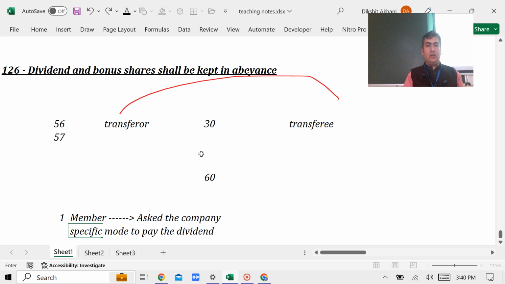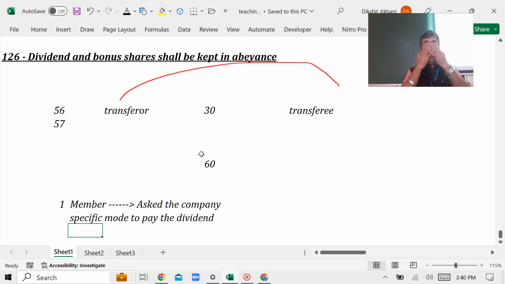Suppose company is issuing the dividend by way of dividend check, but one of the members says specifically that I don't want check. Please give me the online transfer in my so and so account.